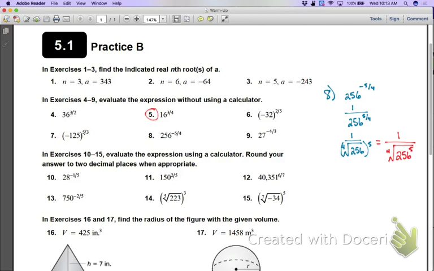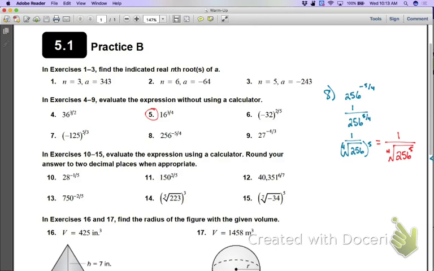I'm going to go to the column with the little bitty 4, go down until I find 256, and then slide all the way out to here. So what is the 4th root of 256? 4.